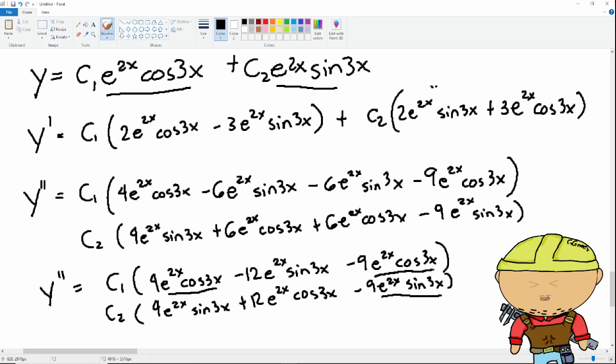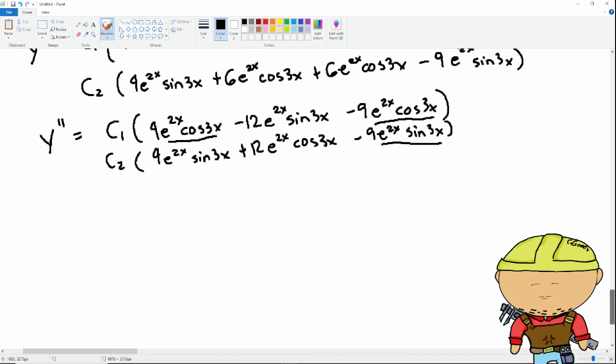We can eliminate this further. 4 minus 9 will become negative 5. Now we can simplify this further. For C1, this will become negative 5 e to the 2x cosine 3x minus 12 e to the 2x sine 3x.